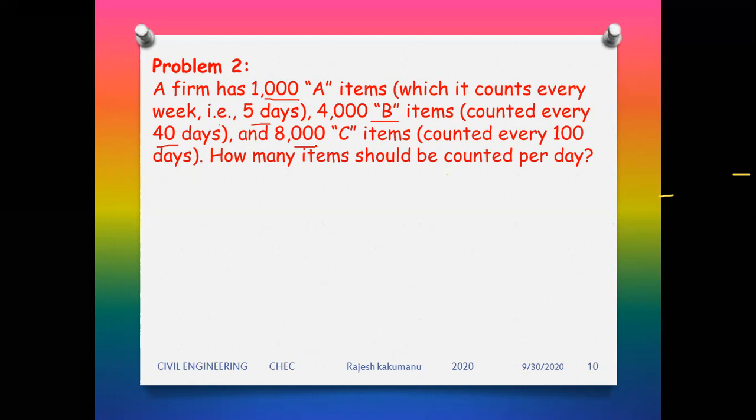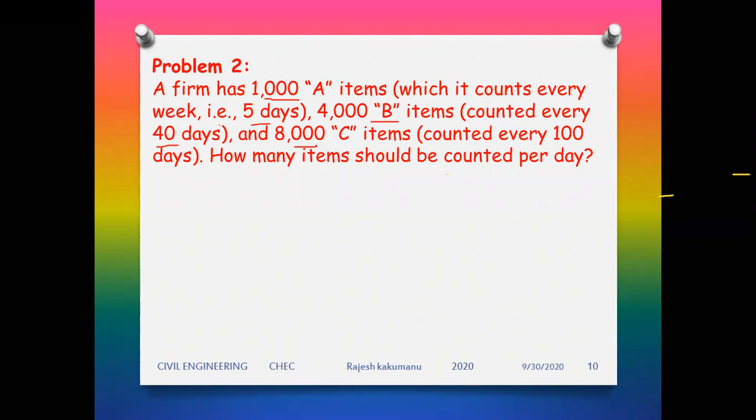How many items should be counted per day? Right? Questions like this generally come in competitive exams. Once you complete your diploma or BTech, students will try to enter government service exams. Then in the aptitude test, mathematics, simple calculations, time calculations, average, speed, and in all of these, such types of problems come, but not exactly similar problems. Then what is the question? To find how many items should be counted per day.